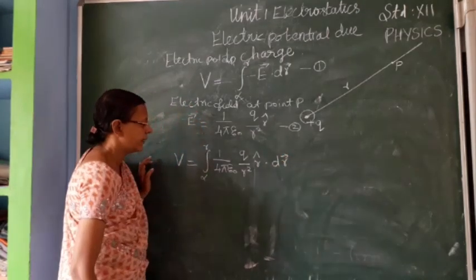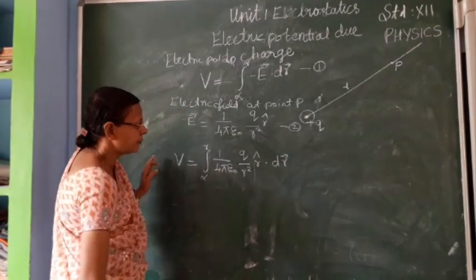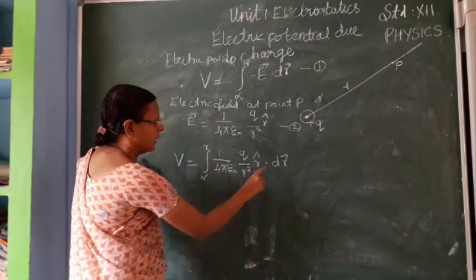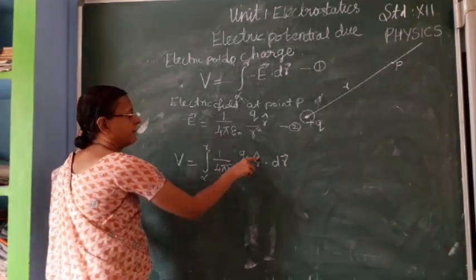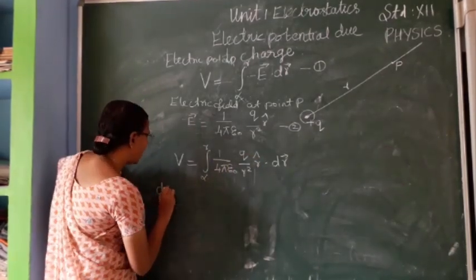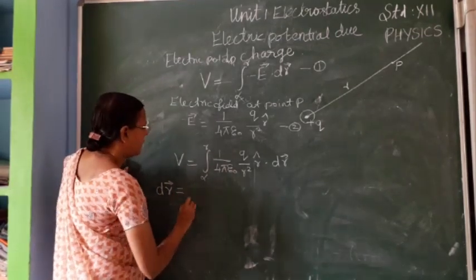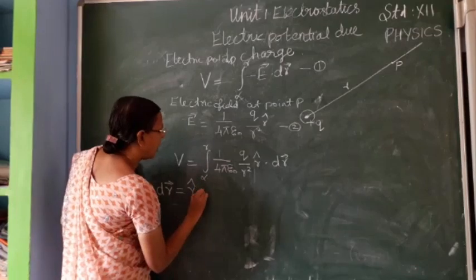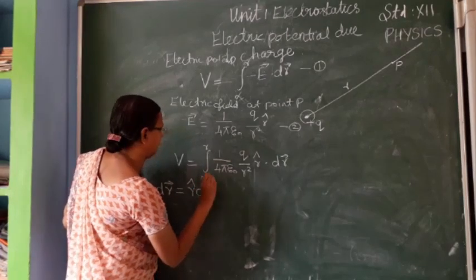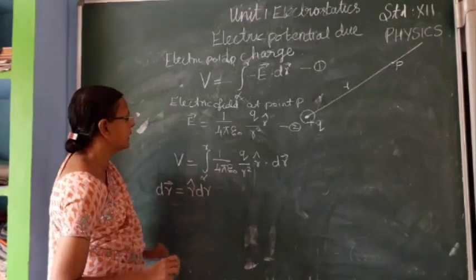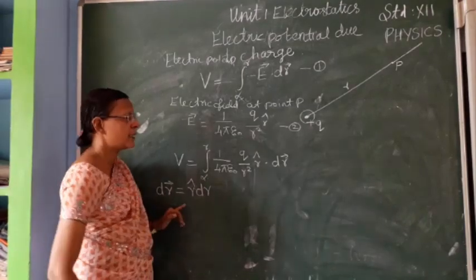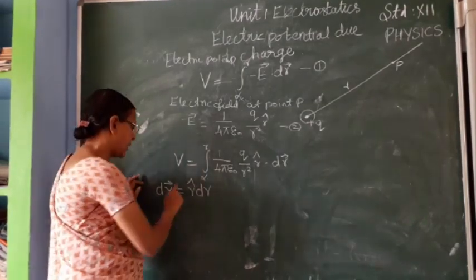Now we know this R cap is a unit vector. So this dr vector is R cap dr, the infinitesimal displacement vector.